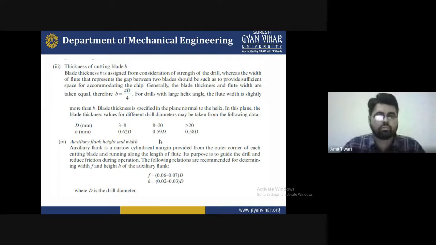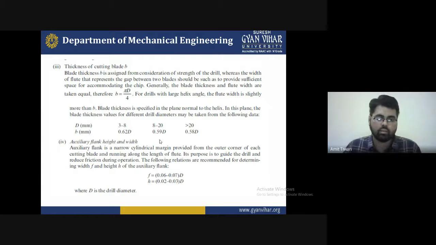So generally the blade thickness and the flute width provide the specific accommodation. This range is selected for the drill diameter, and the same for the width, and it is sufficient for that particular drill if you want to fabricate this type of drill.